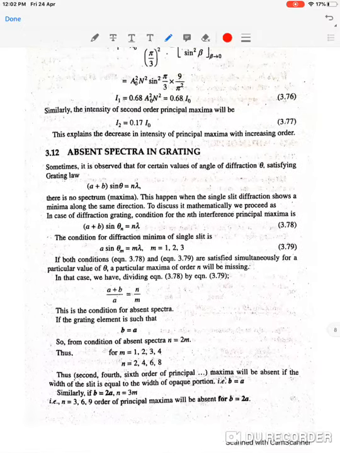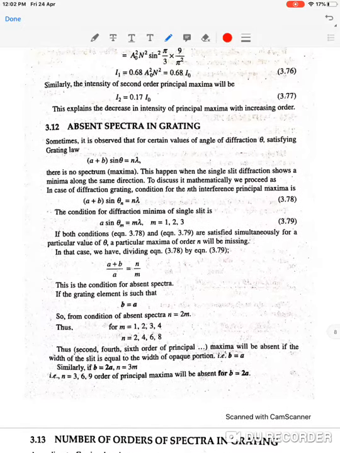Now there are some other things in this topic as well, such as absent spectra in the grating. If the diffraction minima fall on the interference maxima, then we will not see that order. For the interference maxima, (a plus b) sine theta n is equal to n lambda is the condition.